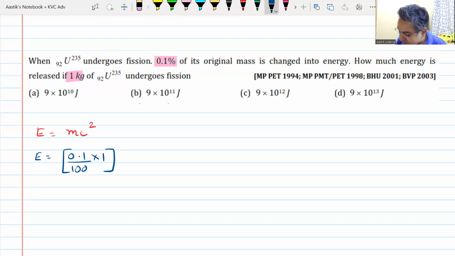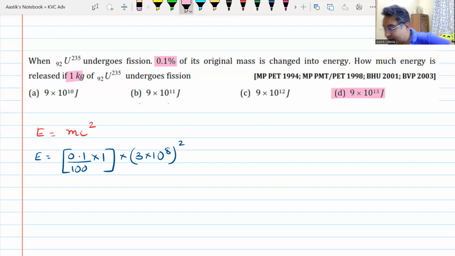That is the mass multiplied by C square, where C is 3 into 10 raised to the power 8, squared. You multiply and you divide, and the answer that I have is option D, 9 into 10 raised to the power 13 joules.